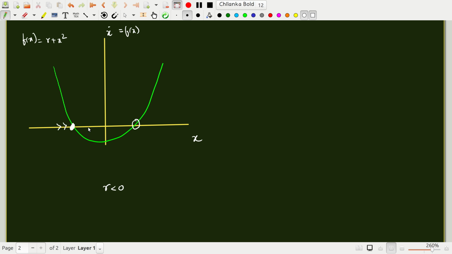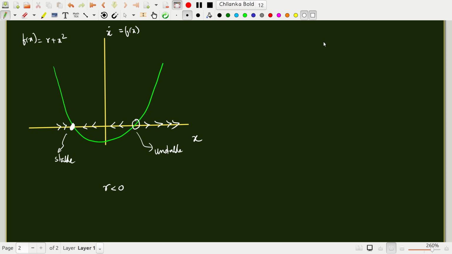Whereas if I take any initial condition on this side, dx/dt is negative, so x is decreasing with time. Similarly here, x is decreasing with time, and there x is increasing with time. So this is a stable fixed point, whereas this is an unstable fixed point. This is r less than 0, and this is x dot equal to f of x.